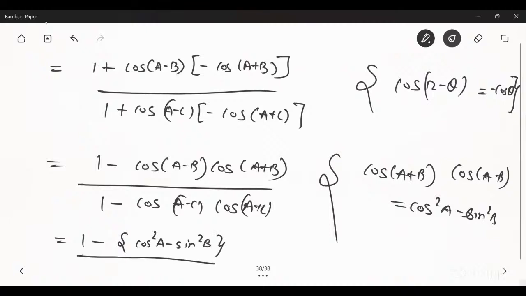and here I can write 1 minus of cos(a minus c) as cos square of a plus sine square of b, plus sine square.